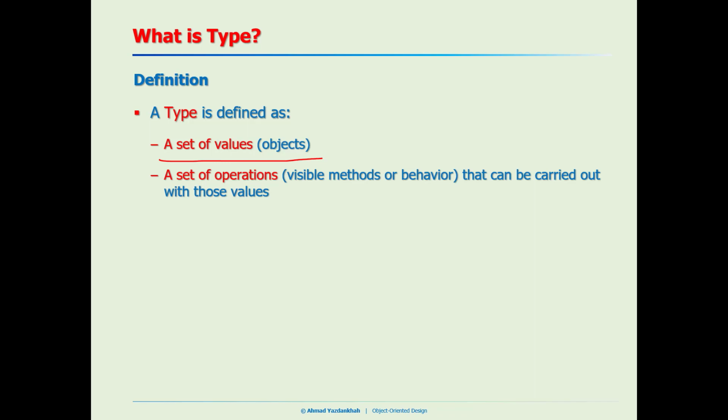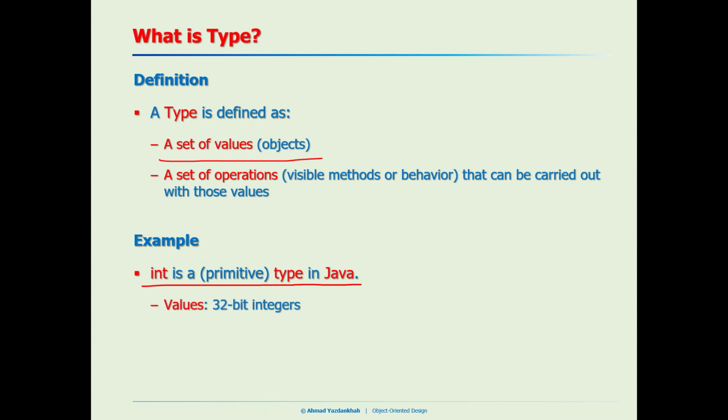Let me take a very familiar example first. For example, integer is a primitive type in Java. It is a type because it has some values that we know they are 32-bit integers, and we have some operations on them, which are arithmetic operations that we can apply on these values.